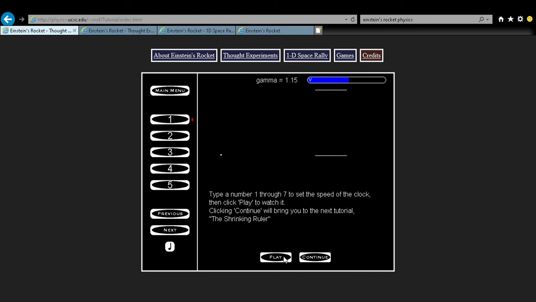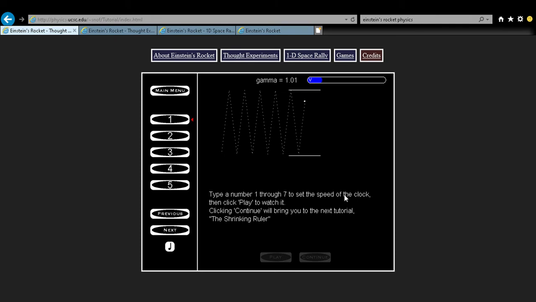So here I'm going to type 1 in. So that is very slow compared to the speed of light, so the gamma effect is very small.